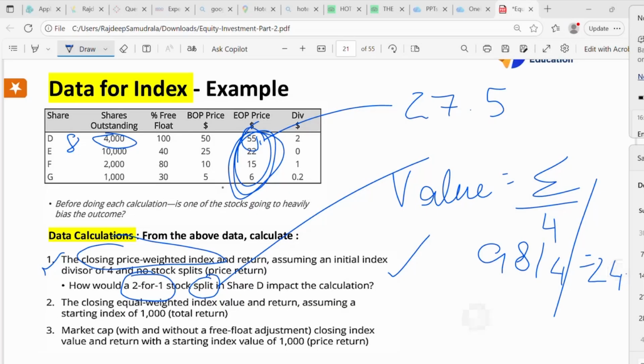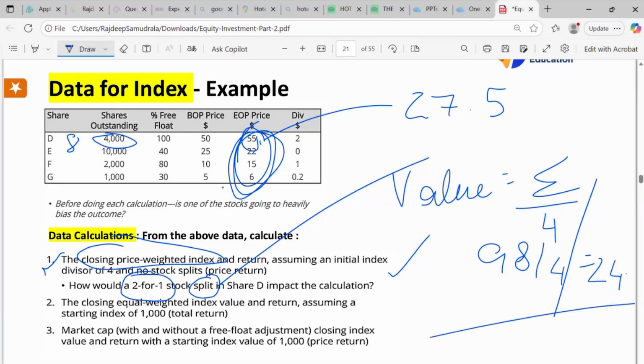Now the question is, if there's a stock split, that means 27.5, 50 something should have given you 24. You're trying to say that if I add the revised numbers and divide by something, x, it will give me the same answer of 24.5. What is that something? Find that out, guys.